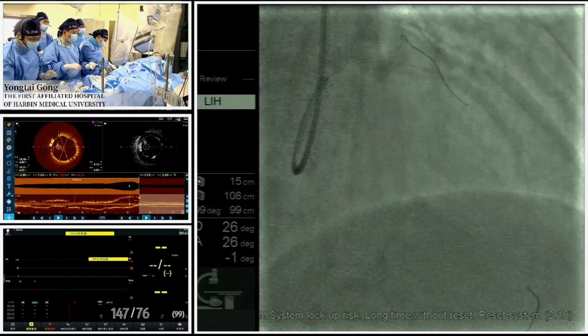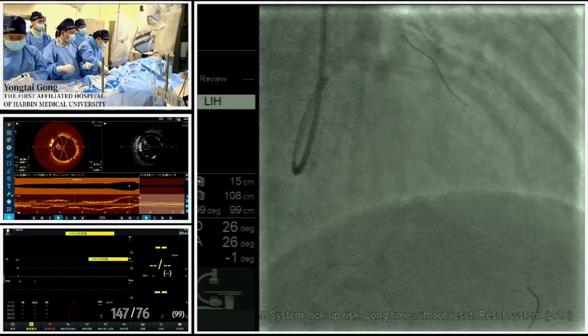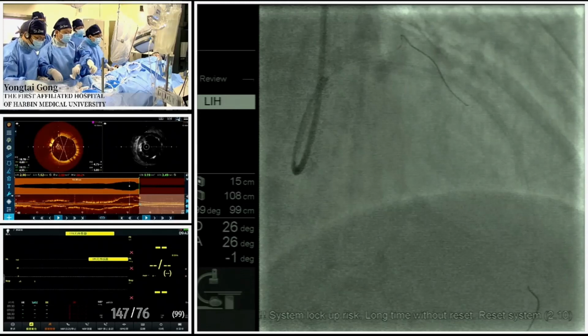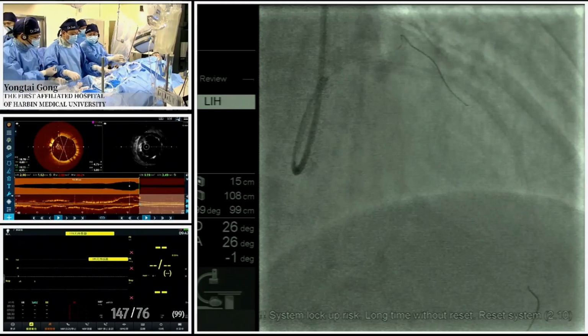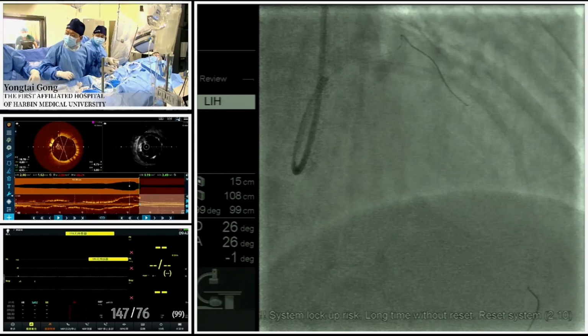Next, we will choose the 4.0 and 2.5 NC balloons to perform the kissing balloon technique. Okay, give me a 4.0 NC balloon. 4.0.